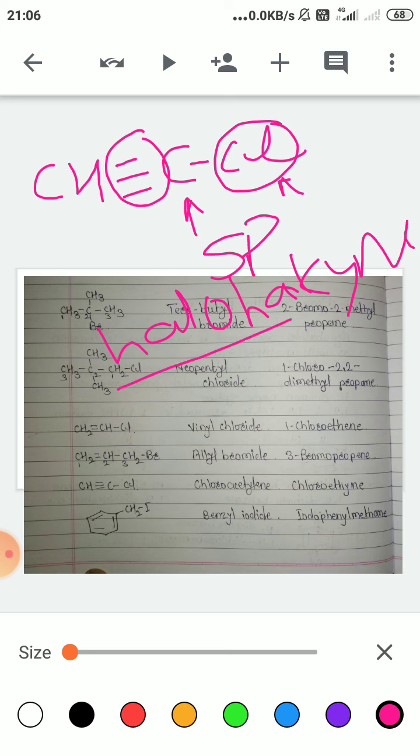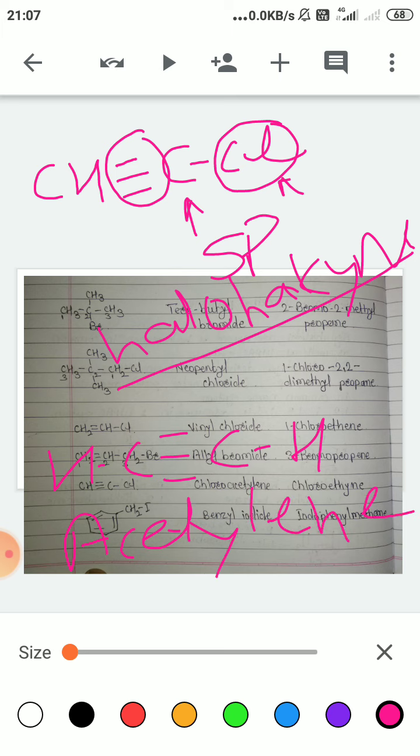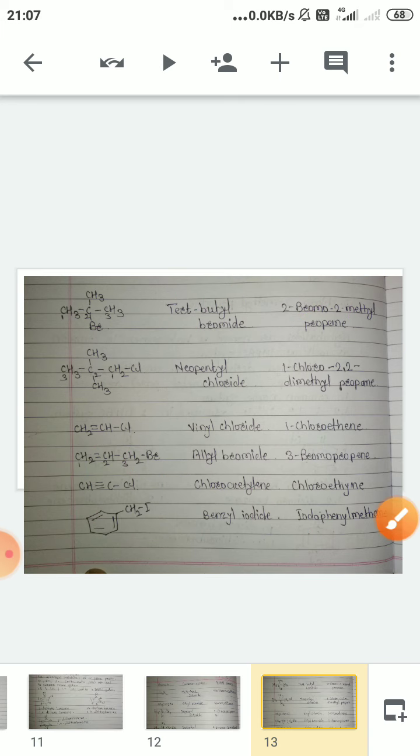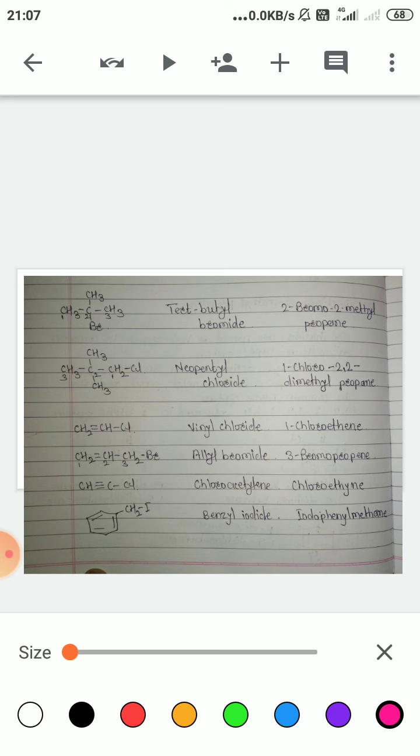The common name of haloalkynes: HC triple bond CH is acetylene, and as this contains chlorine, it is chloroacetylene.